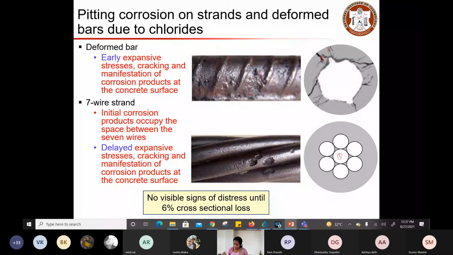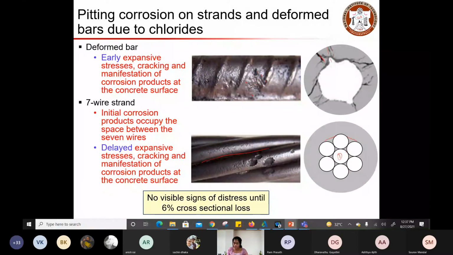Now the thing here is that these strands are not solid rebar. These are not a solid single bar like you have in conventional reinforced concrete systems. Here you have one wire placed at the center and 6 wires placed helically outside, so you can see a lot of gaps between the wires. In between the wires you have some interstitial gap. So what happens when the wire starts corroding?